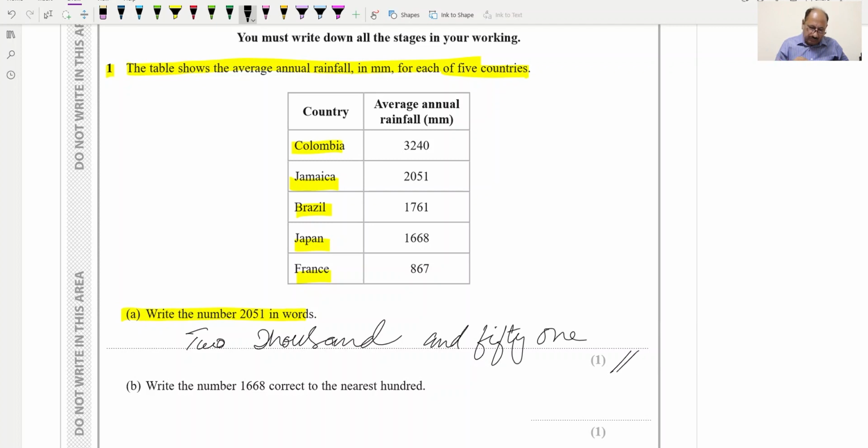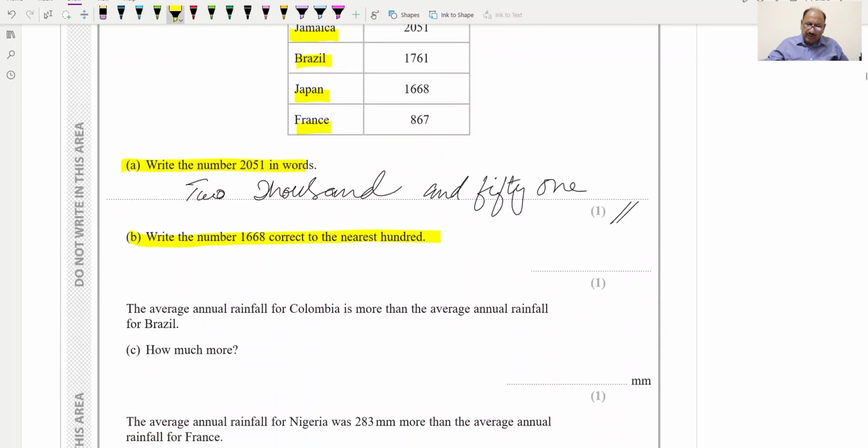This is 1 mark. Then part B: write the number 1668 correct to the nearest 100. So this will be 1 and 7, because this is 6. So 1700. It is an easier part.